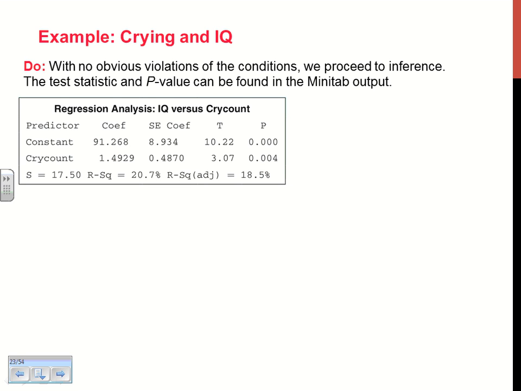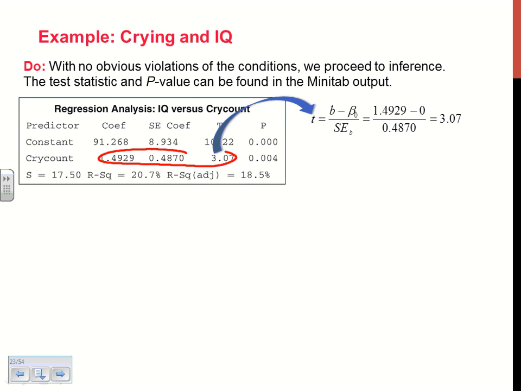Here's the Minitab. So here it tells us what our t value is going to be when we're using our b's. So that's the t for this variable, for the b. So I have a slope of 1.4929.